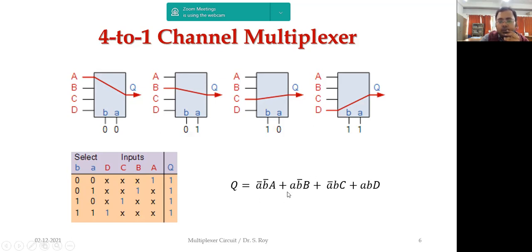So here the equation is small a, b bar, capital B. Similarly for the rest of the two parts: the third one is 1 0, so b, small a bar, capital C, and the final one is both 1, so small a, b, capital D.